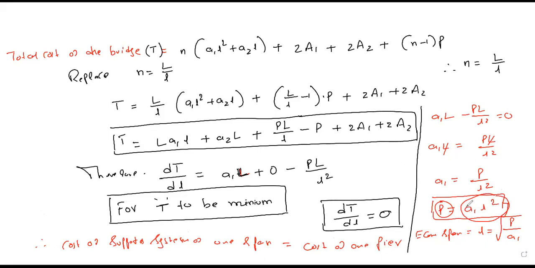So when these two are equal, finally what I can draw from this: cost of substructure is equal to cost of superstructure. Why? Because pier is a substructure, and supporting system of 1 span is nothing but superstructure. So finally from this equation I understand that cost of substructure is equal to cost of superstructure. Understand? So this is the economical design of the bridge.